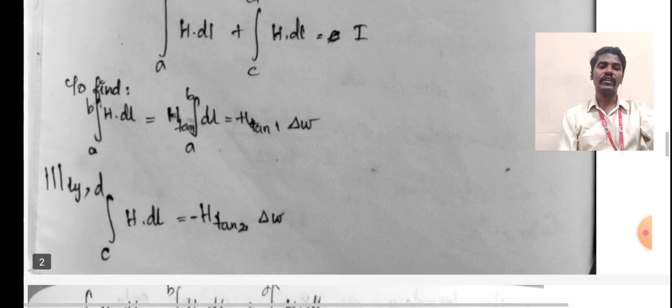Similarly for C to D it is the same, but in the opposite direction. So we get H tan 2 minus H tan 2 del w. When you add these two, line integral H dot dl is equal to line integral A to B H dot dl plus line integral C to D H dot dl, and therefore it is equal to H tan 1 del w minus H tan 2 del w.